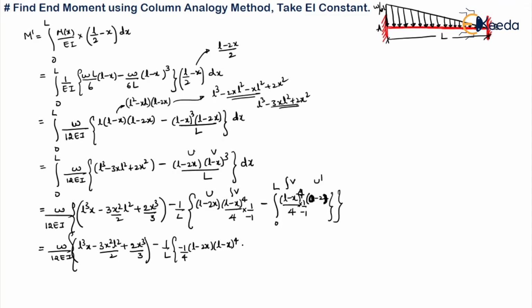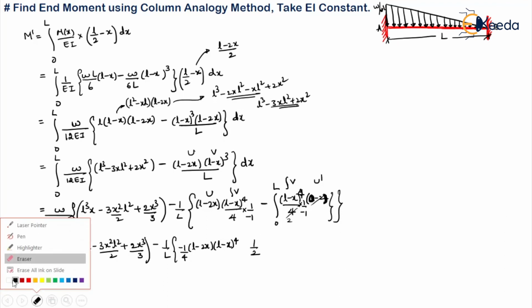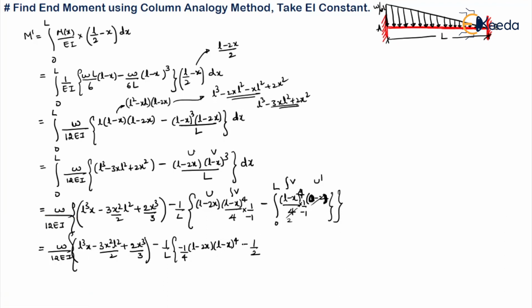This minus will come outside, that will become plus. Again minus 2 here, so again this will become minus 1 by 2. Again we have to do the integration for this. That will become L minus x whole power 5 by 5 into 1 by minus 1. This will become plus. Understood?